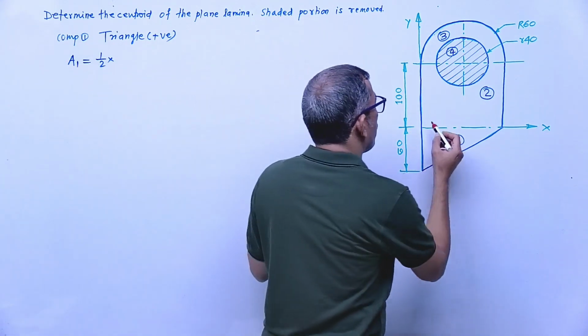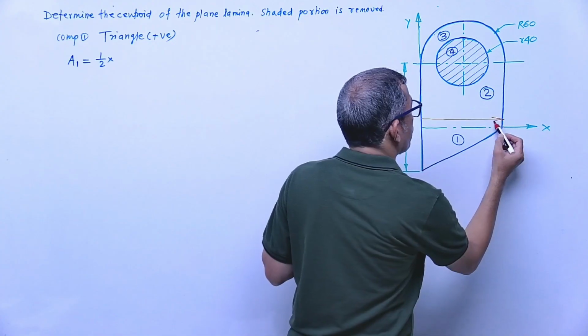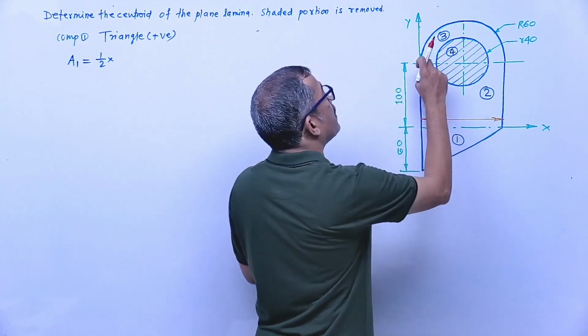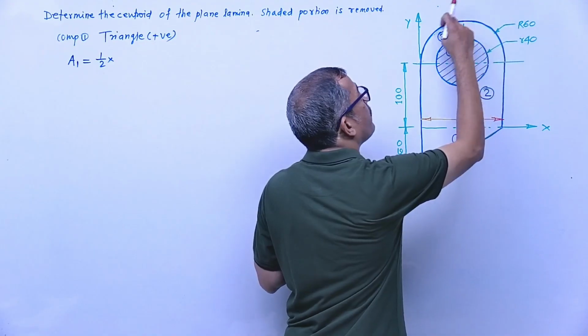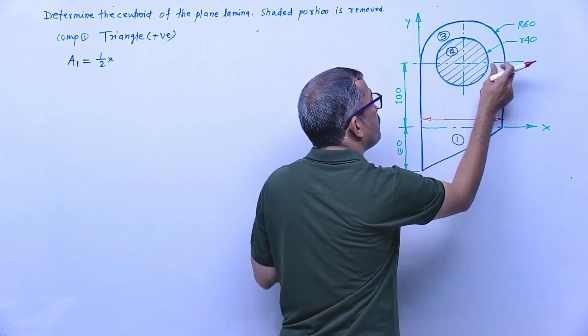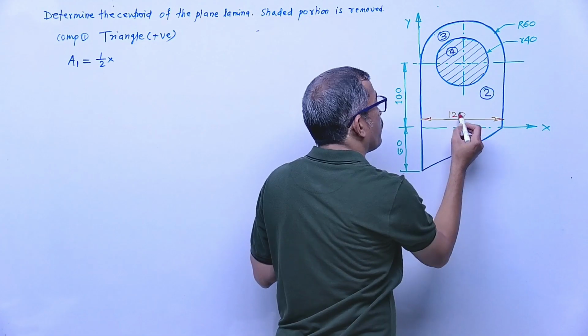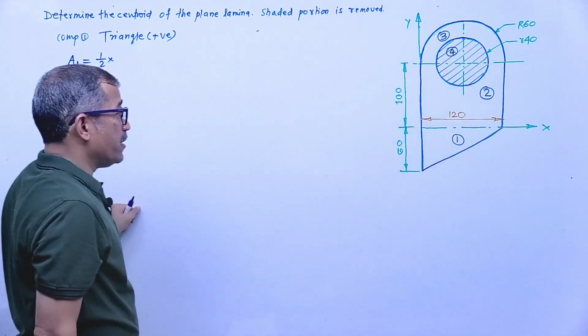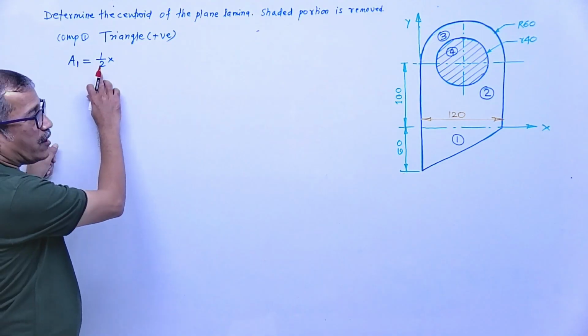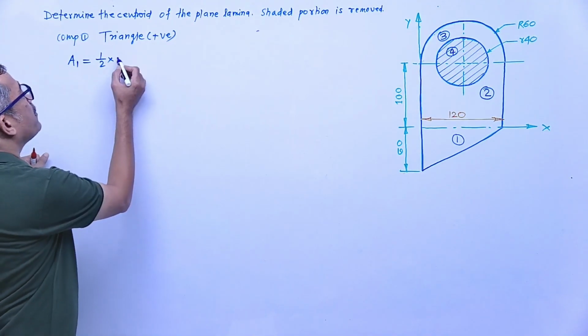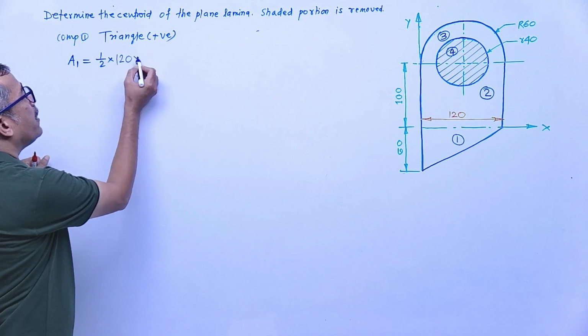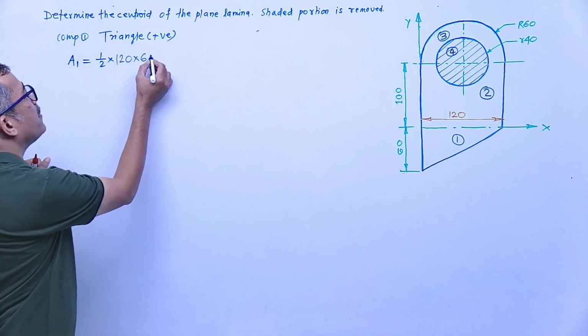What is the base of this triangle or the base of the rectangle? This one, R is 60. For this semicircle the base becomes 120. All dimensions are in mm. So half of base, how much? 120. Height how much? 60.